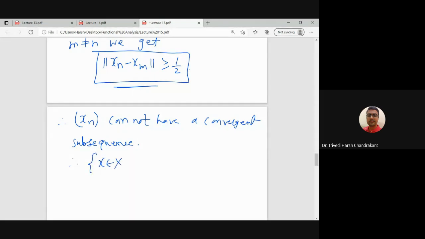And all these elements are in the closed unit disk. So in the closed unit disk we have a sequence xn which does not have a convergent subsequence. That means the closed unit disk is not compact.